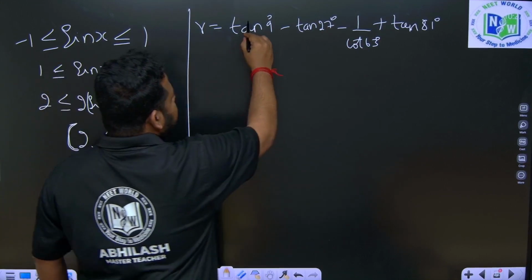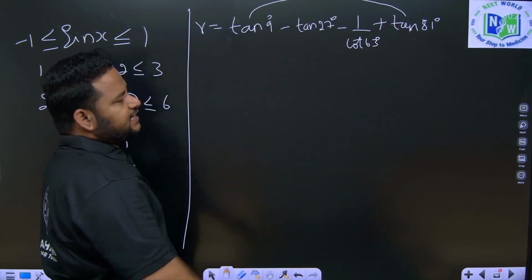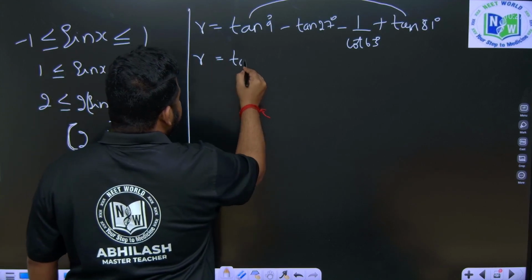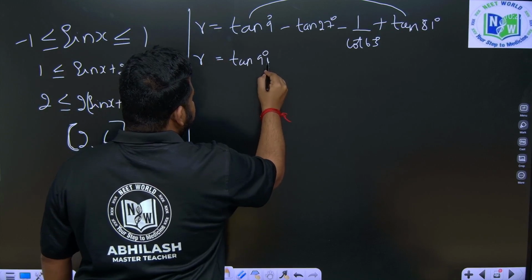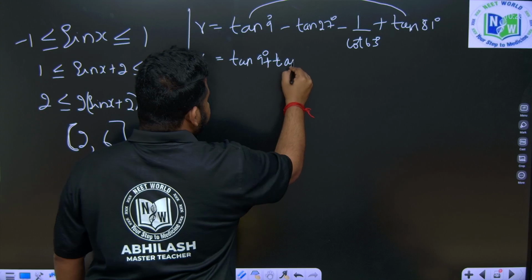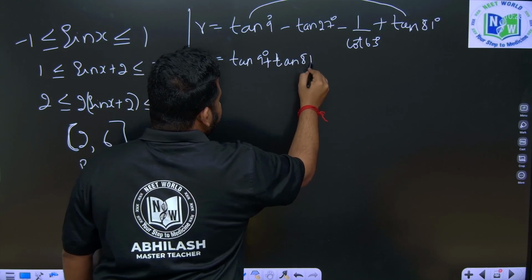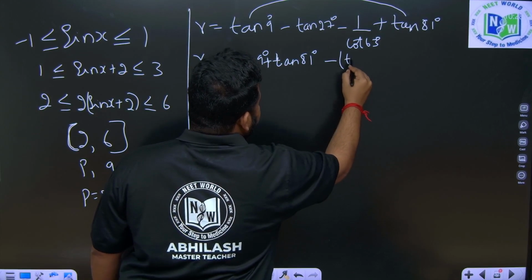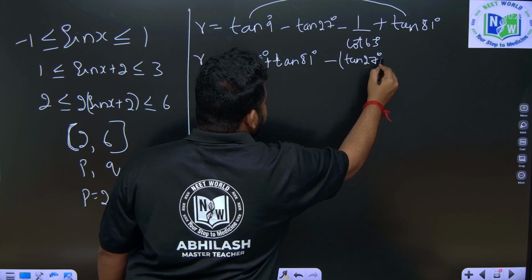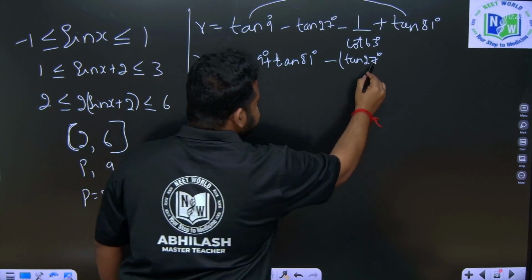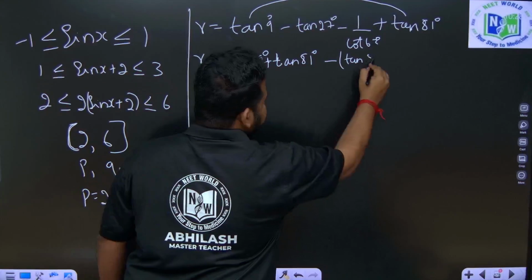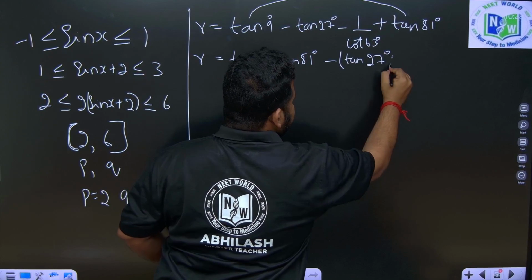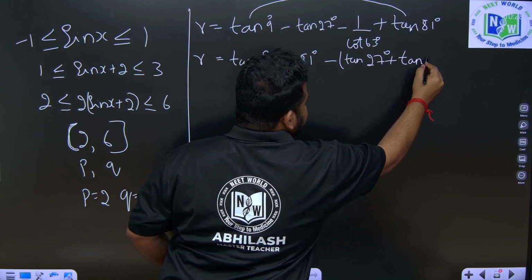Now I can bring together tan 9 degree and tan 81 degree, I can see some relation between them. So I can write tan 9 degree plus tan 81 degree together. This is minus, I will take it outside: tan 27 degree, and 1 by cot 63 degree becomes tan 63 degree.